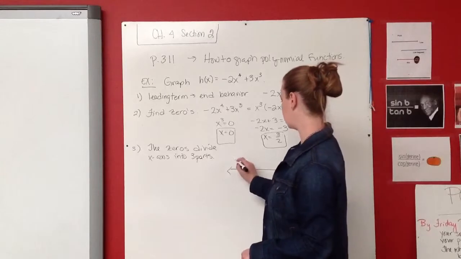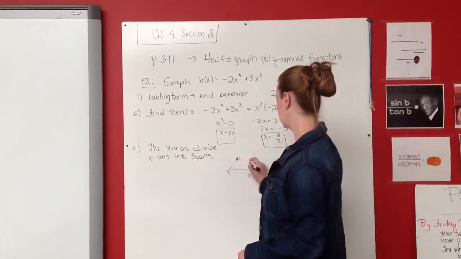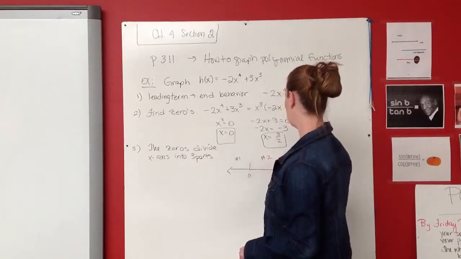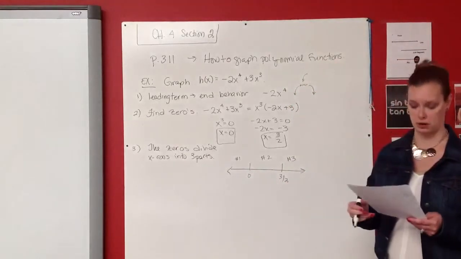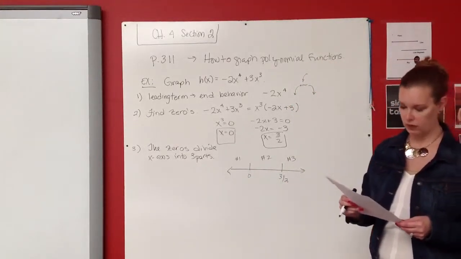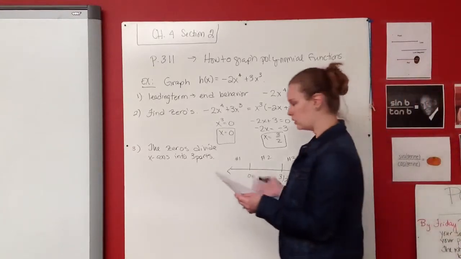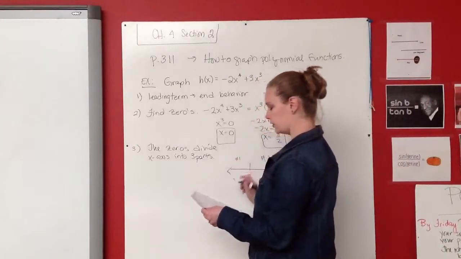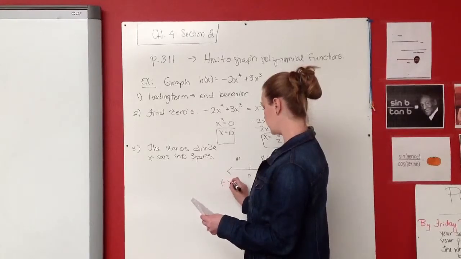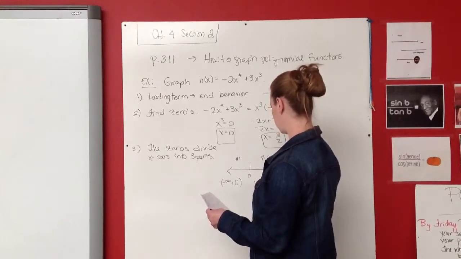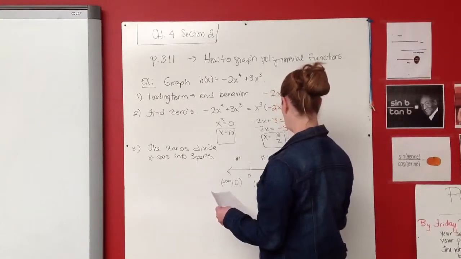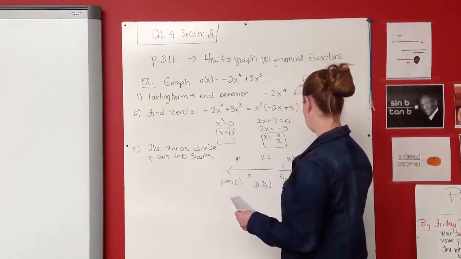You have part number 1, you have part number 2, and you have part number 3. So we're dividing the x-axis into 3 parts. Now, to talk about the intervals that this creates, this first interval goes from negative infinity to 0. Your second interval goes from 0 to 3 halves. Your third interval goes from 3 halves to infinity.